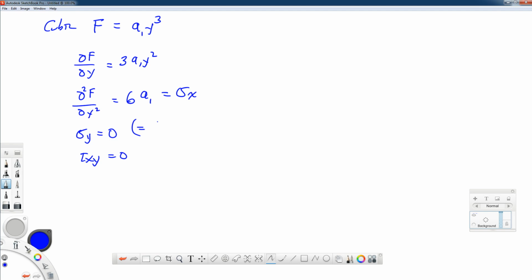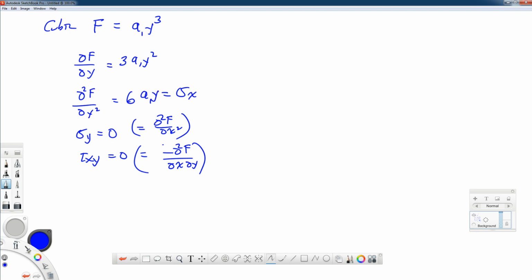So in this case, it's equal to the second partial of f with respect to x twice, and this one is equal to minus the mixed partial derivative, second partial with respect to x and y. Well, what is 3a1 times y? I need a y right here.